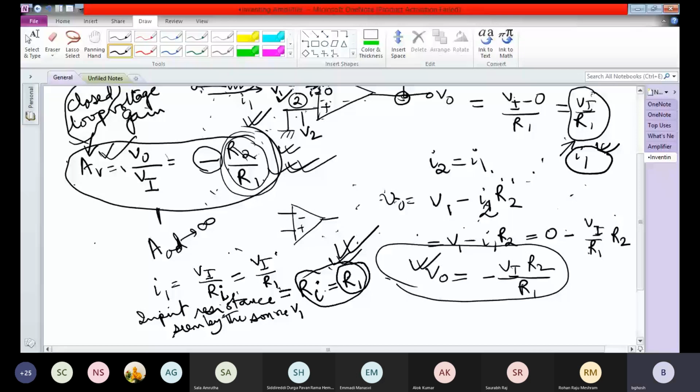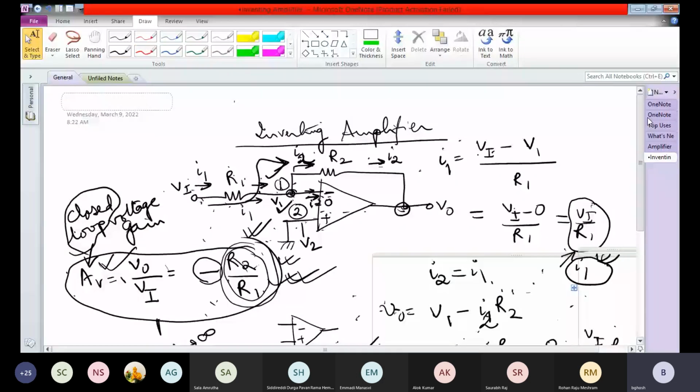And we also know that we talked about this before, that there are no coupling capacitors here. There is no coupling capacitor in the operational amplifier, so the voltage V1 and V0 can be DC voltages. The voltages, currents, everywhere, they can be DC.